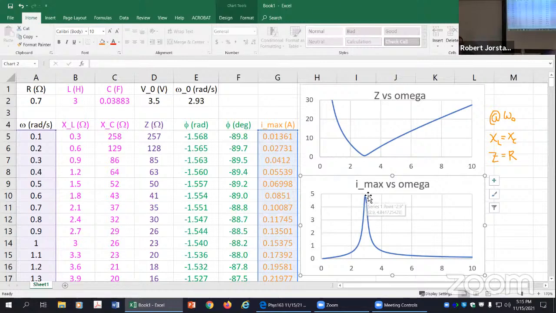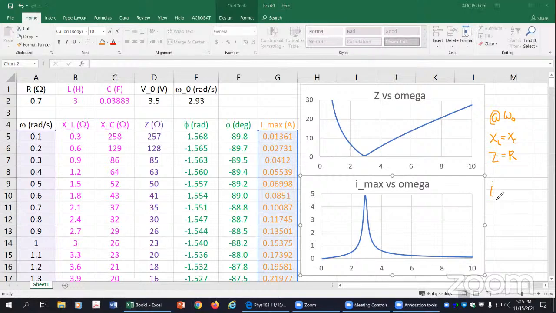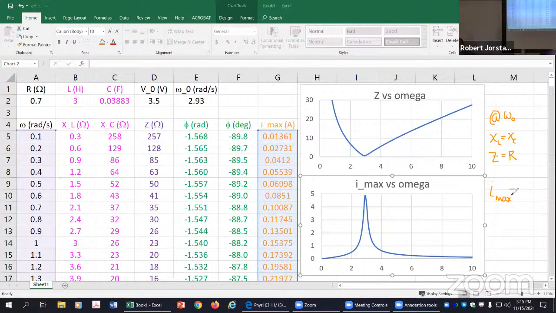Do you remember what equation we used for I max? V naught over Z. So what is the special value of the max I max? Right here. What is this peak height?